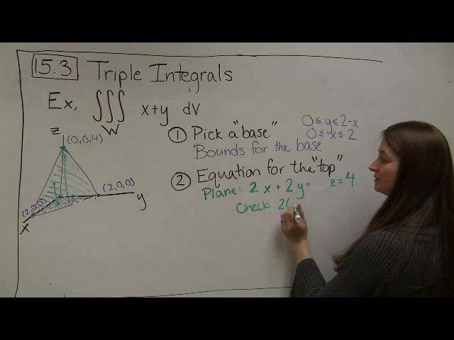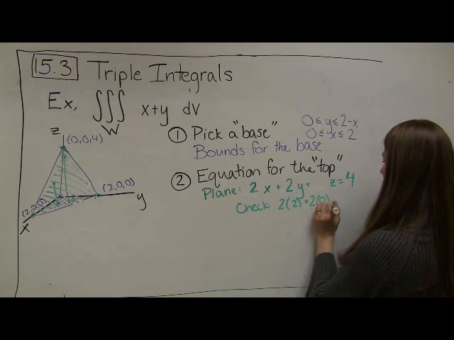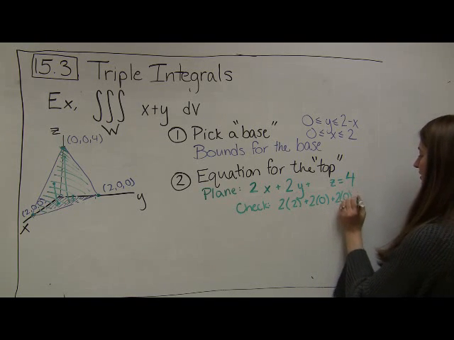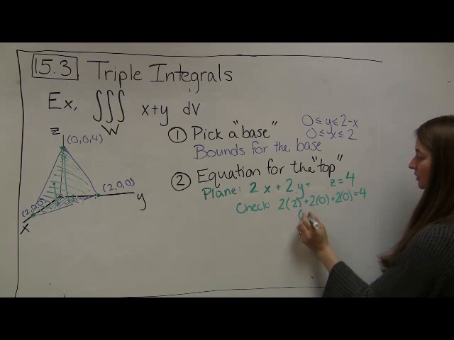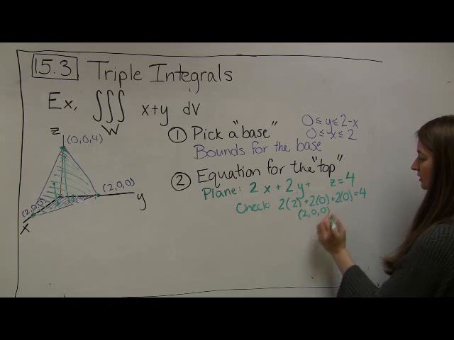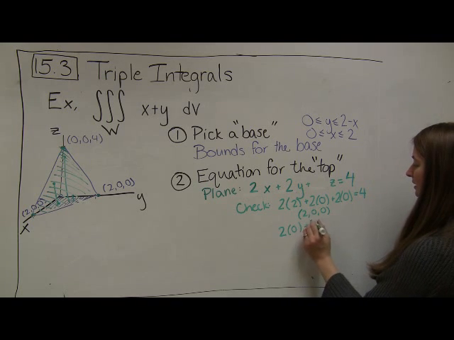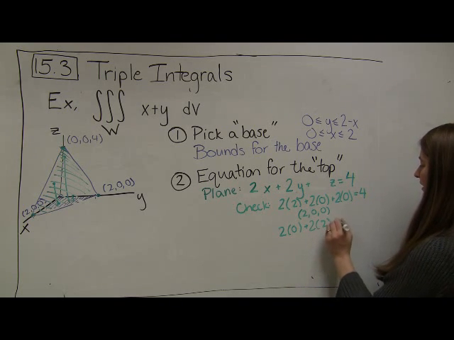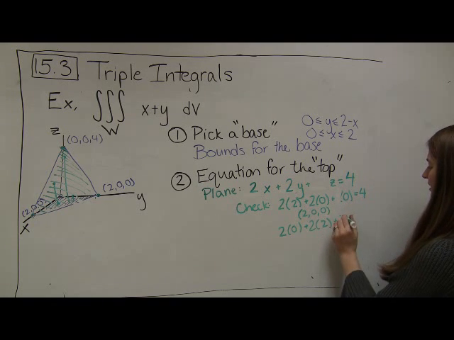So 2 times the point 2, 0, 0, 2 times 2 plus 2 times 0 plus 0 is in fact equal to 4. So I plugged in the point 2, 0, 0. Next, I could plug in the point 0, 2, 0. Oops, this should have been just 0.